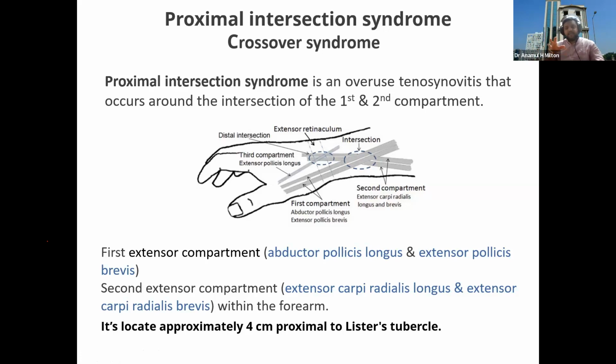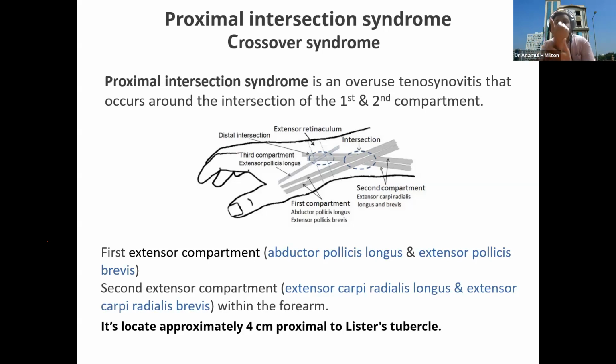So if there is any direct trauma or any work that causes repeated friction, when the first tendon crosses the second tendon, there is inflammation and micro trauma, and it causes pain. It is not near the wrist joint, but about 4 to 5 centimeters proximal to the wrist joint or Lister tubercle.